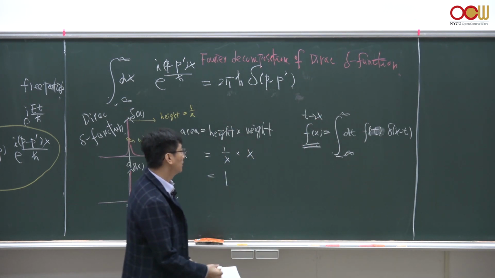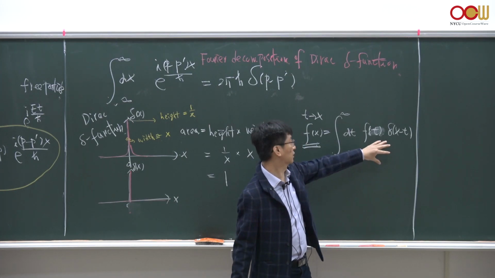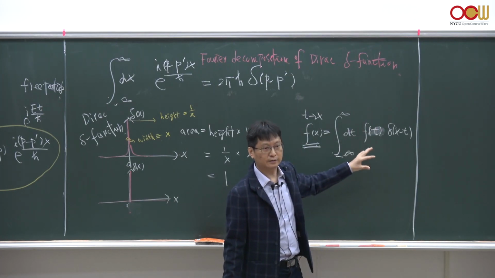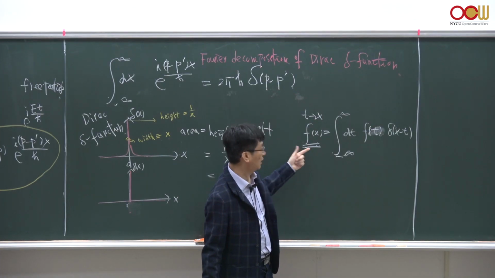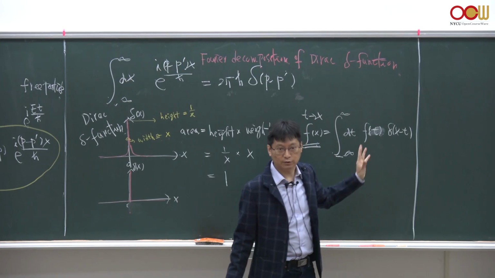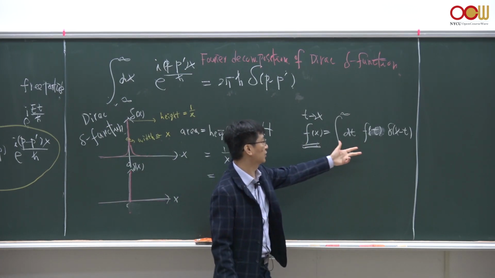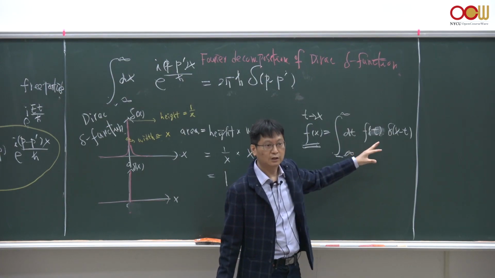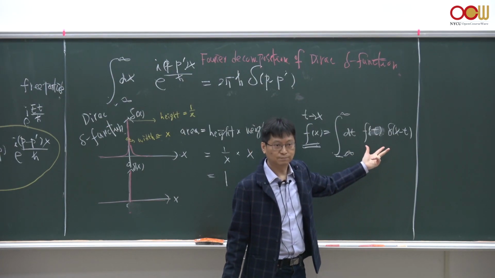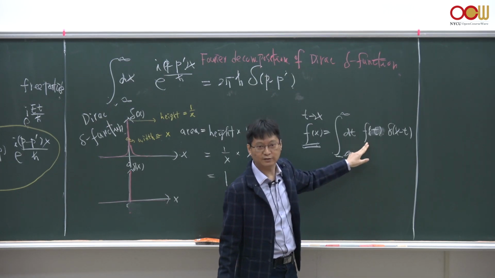So any function could be multiplied by the Dirac delta function, and you could evaluate this integral, and at the end of the day you get the same function, but you plug in the condition that the Dirac delta function is a peak. The Dirac delta function is gone after this summation, because when x is not equal to t, the Dirac delta function vanishes, and 0 times anything is 0.